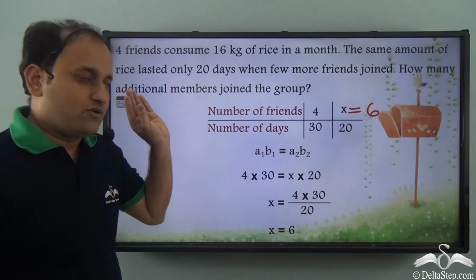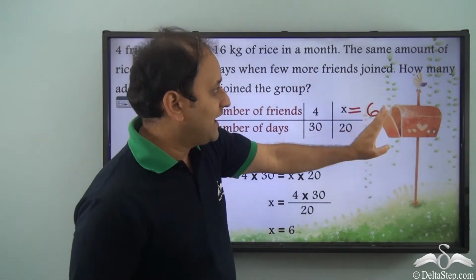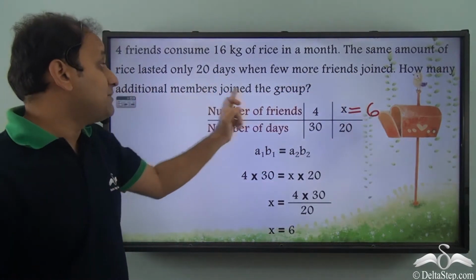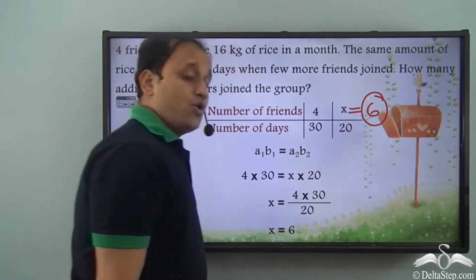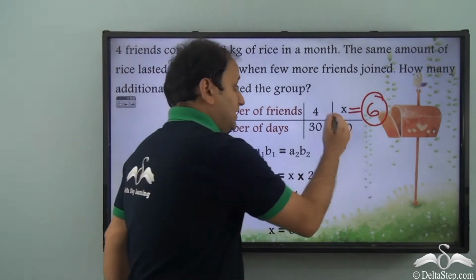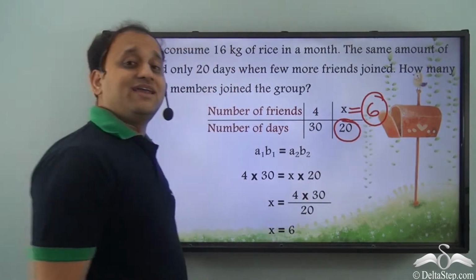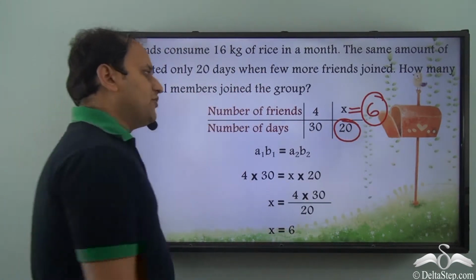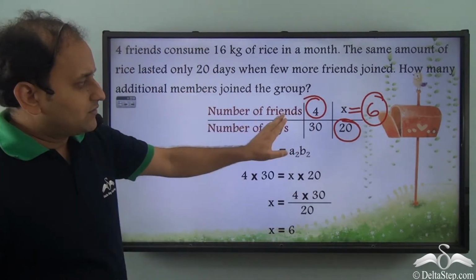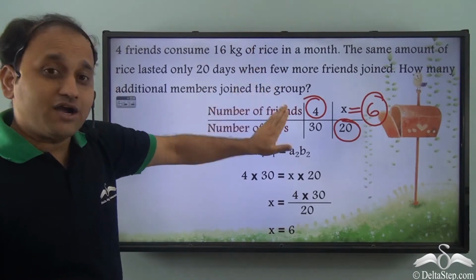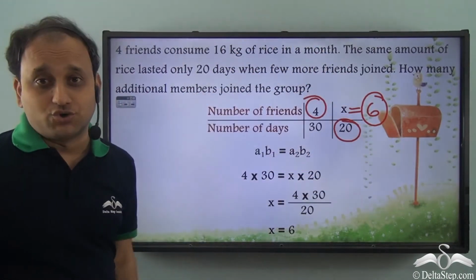But what do we need to find? We need to find how many additional members joined the group. So this is the total number of people who will consume the rice in 20 days. But we already had 4 people there. So we need to calculate only the additional number of people who joined this group.